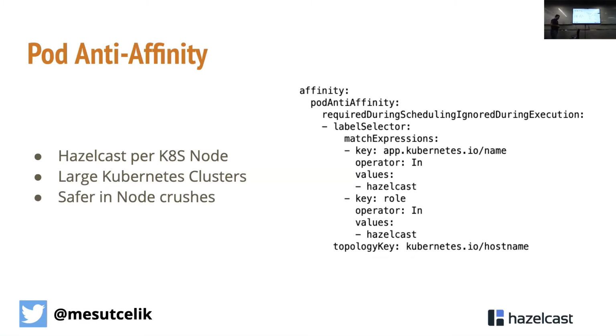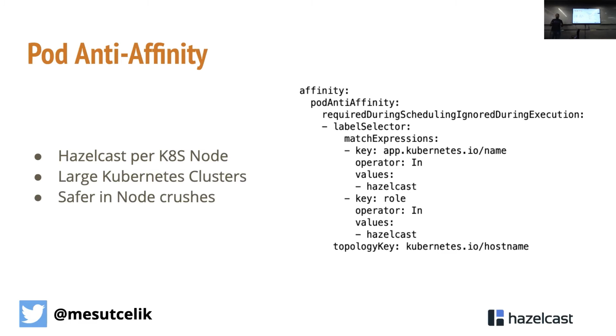The other one is pod anti-affinity. If you have 3 replicas, you don't know where the scheduler will place your pods.